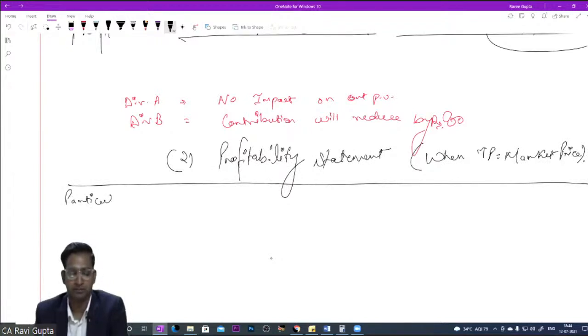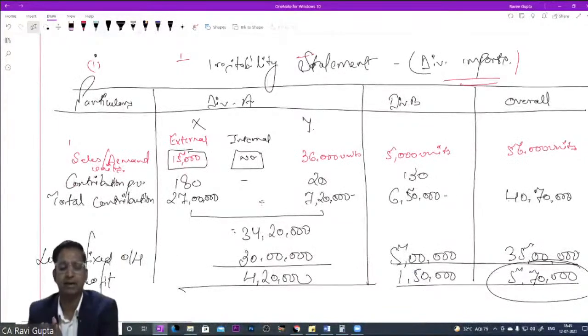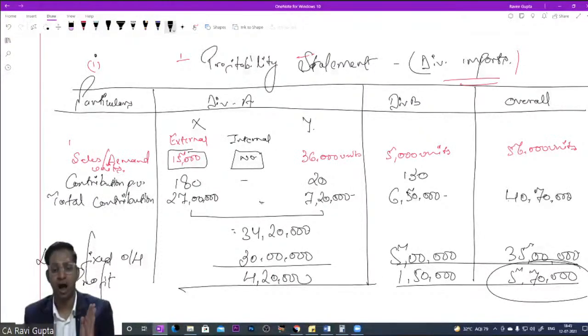Particulars and division. It would be better if I make other changes in this statement. If I can show you how this statement is going to change, it will help you a lot.